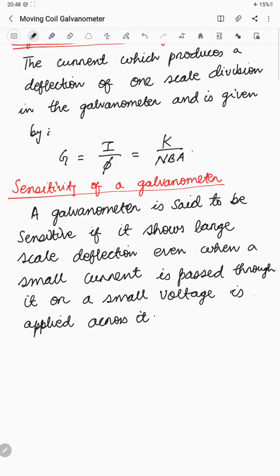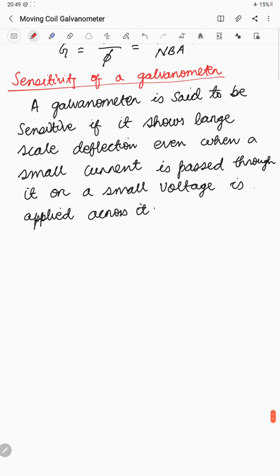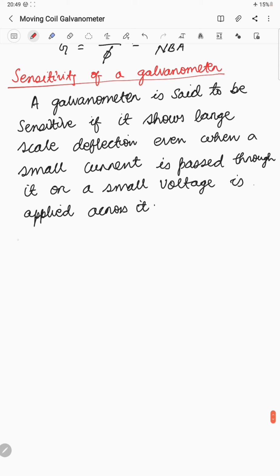Now, we can apply a small current or a small voltage, so based on that we have current sensitivity as well as voltage sensitivity. First we will discuss current sensitivity.